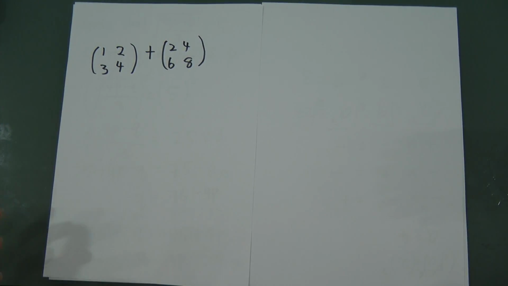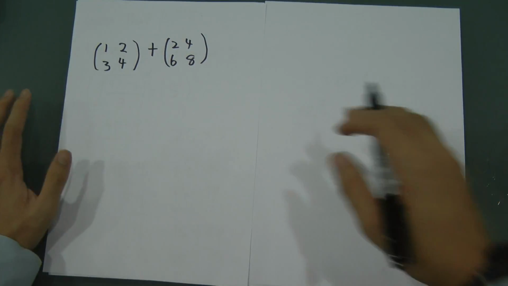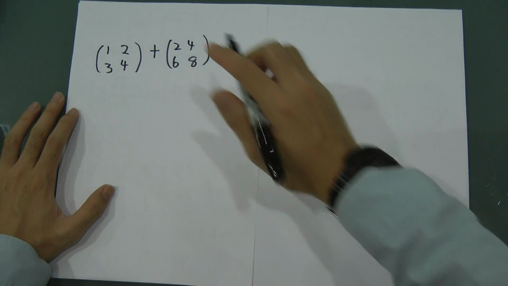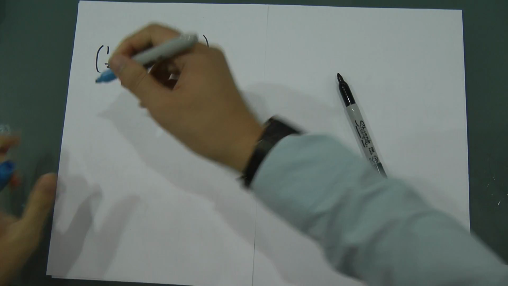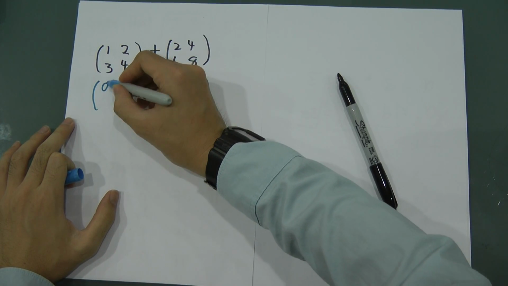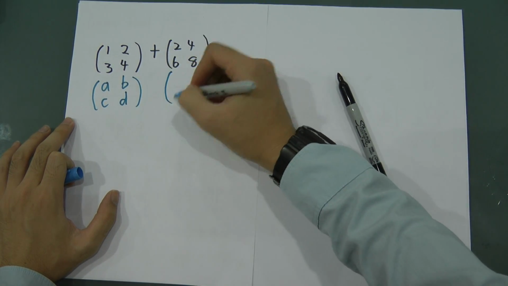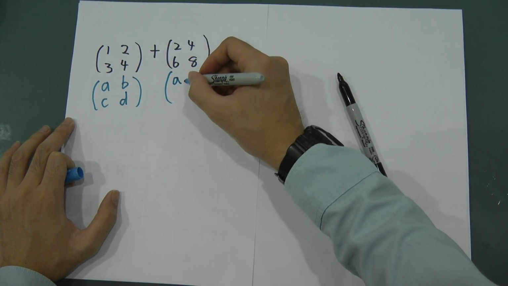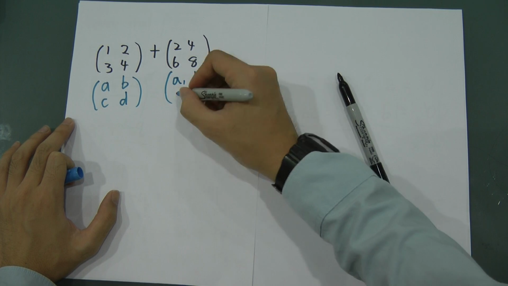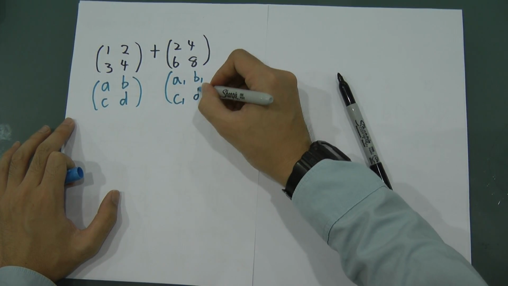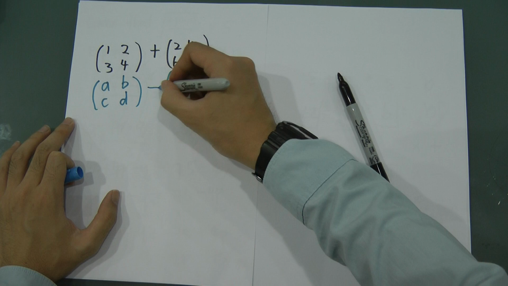This is the difference between a matrix and normal numbers. All the numbers here have the positions A, B, C, D. So here you have the positions A, B, C, D as well, but I write A1, B1, C1, D1 just to make you understand.